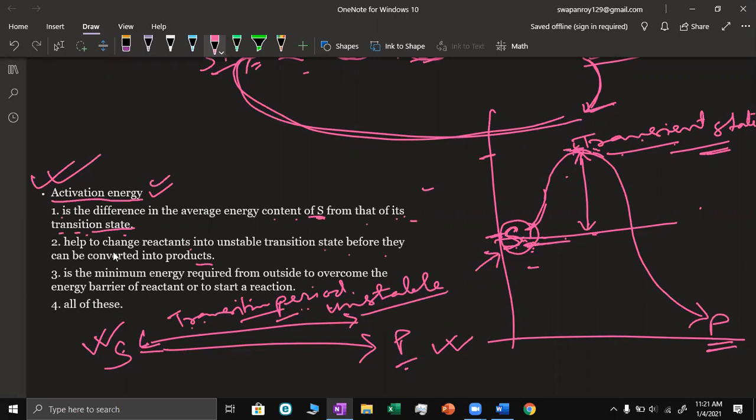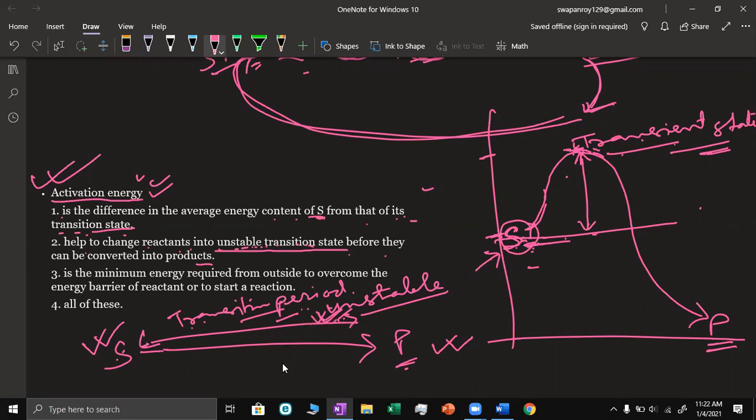So activation energy helps change a reactant into an unstable state, and it becomes unstable by the addition of some energy.